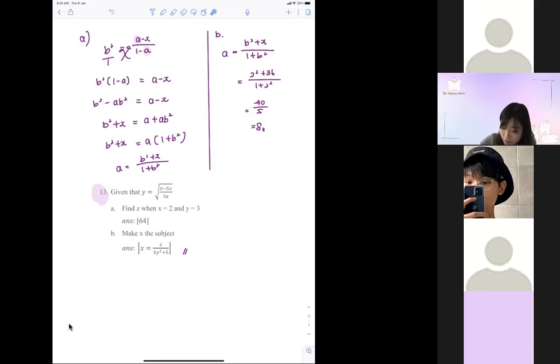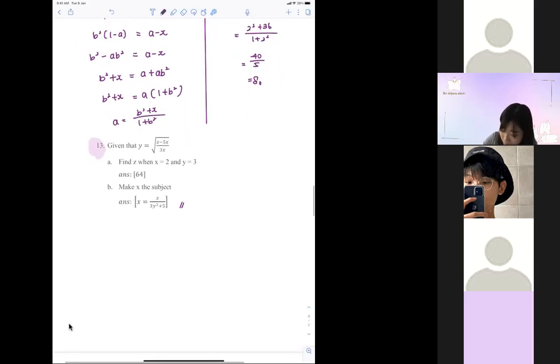Okay, so 13, I think you are stuck at the part B part. So let me just go through here. First thing, to get rid of the square root, we square both sides. So y squared is equal to z minus 5x over 3x. Cross multiply.